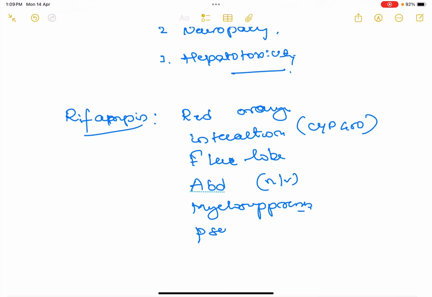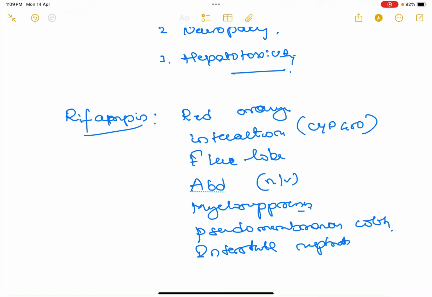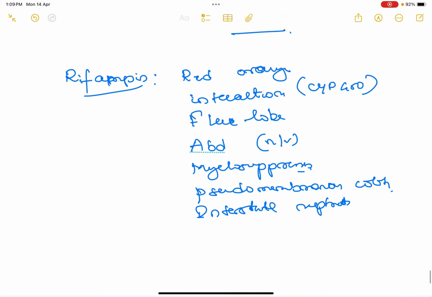P stands for pseudomembranous colitis. And one more, I stands for interstitial nephritis. Very rare, but can happen. Other drugs which cause interstitial nephritis are NSAIDs and PPIs. PPIs are known to cause interstitial nephritis. And N stands for nausea and hepatotoxicity.